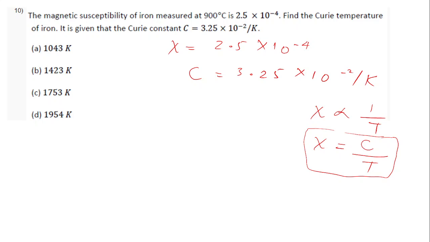Diamagnetic materials don't have it, but other magnetic materials have permanent magnetic moments. But up to a certain temperature, after that temperature is crossed, those permanent magnetic moments get randomly oriented, so they don't remain ferromagnetic or paramagnetic.